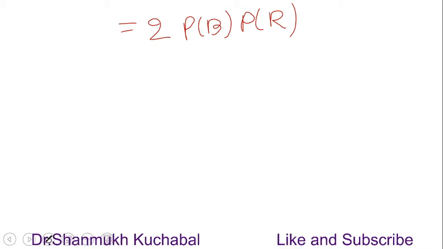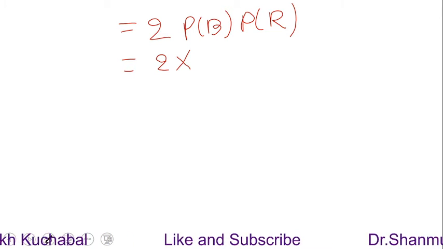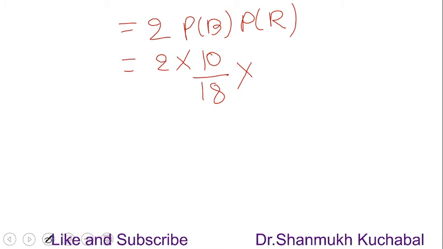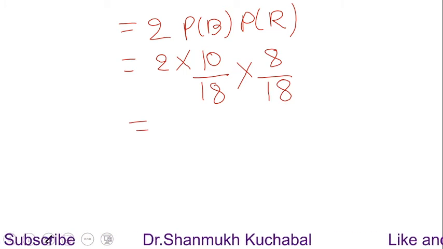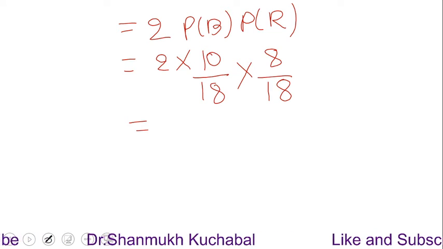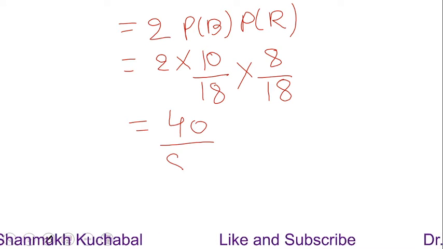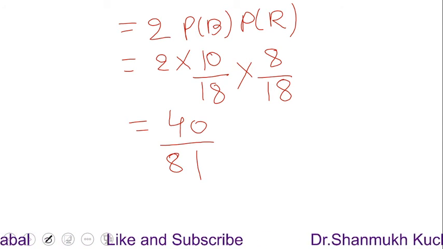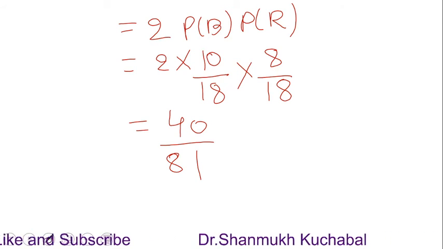Then we substitute the values: 2 into the probability of B, 10 by 18, and the probability of R, 8 by 18. Further we simplify this, and we get 40 divided by 81. So this is the solution for one of them being black and the other being a red ball.